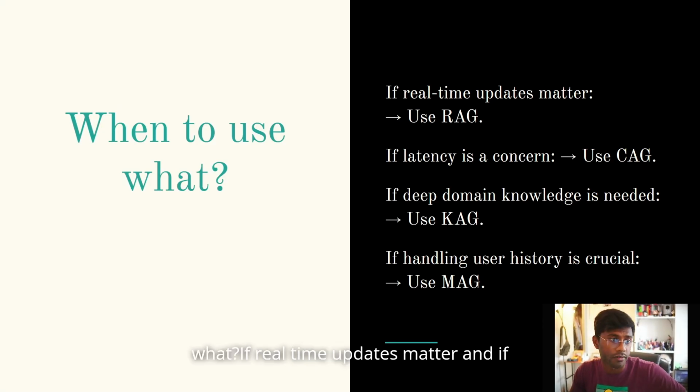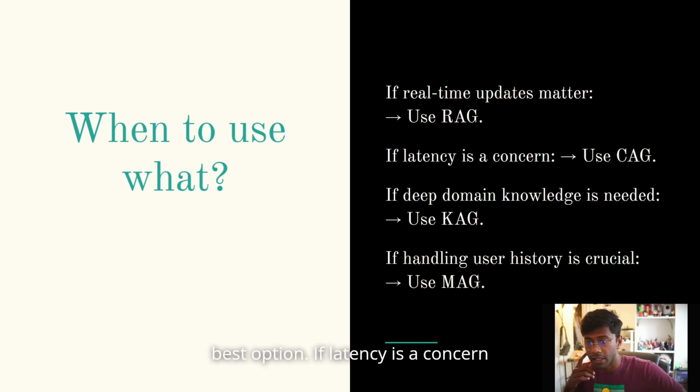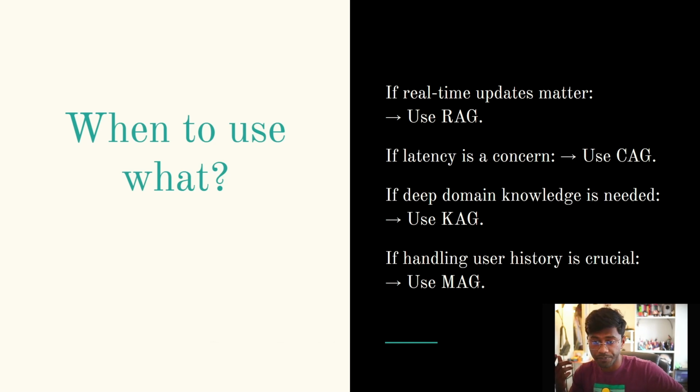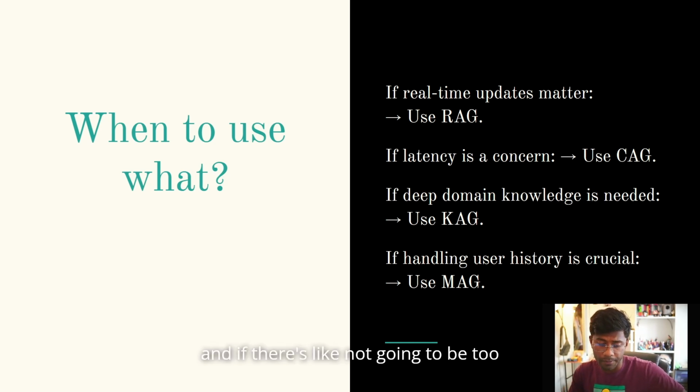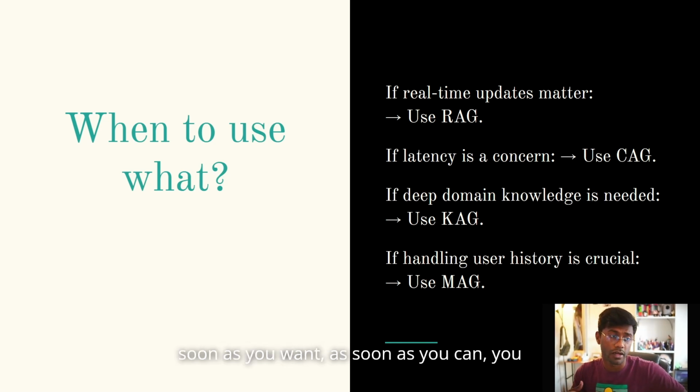When to use what? If real-time updates matter, if there's going to be a lot of changing information that you don't want to keep processing every time, and if accuracy is not too much of a concern, RAG is your best option. If latency is a concern, and if there's not going to be too many changing databases, if it's more of a static database and you want answers as soon as you can, you would use CAG.